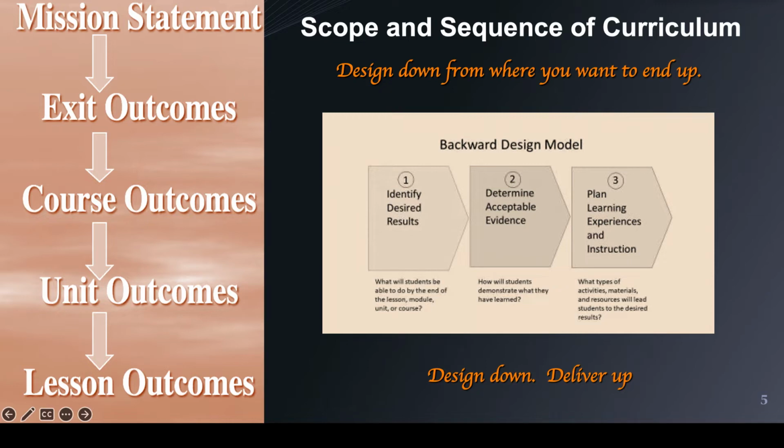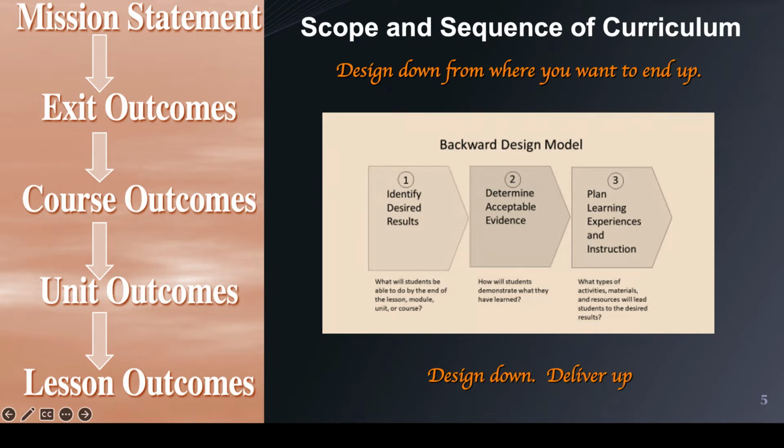And then the teachers would come up with the course outcomes, develop their units based on those outcomes, and then each lesson would be based on a unit outcome. And in essence, each lesson that you taught directly went back to what the mission statement said they wanted their child to be like when they graduated from that school. So it was a design down from where you want to end up, a design down to deliver up.